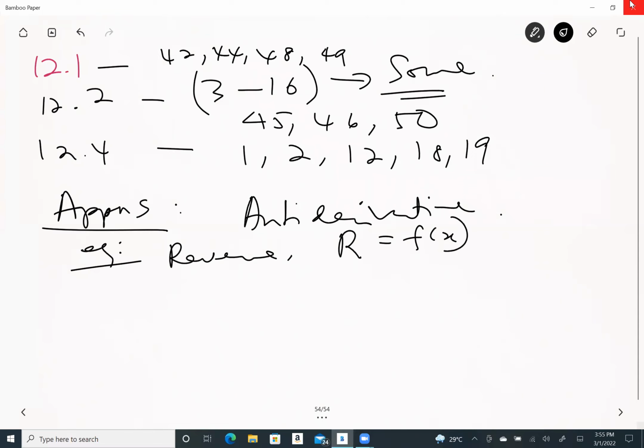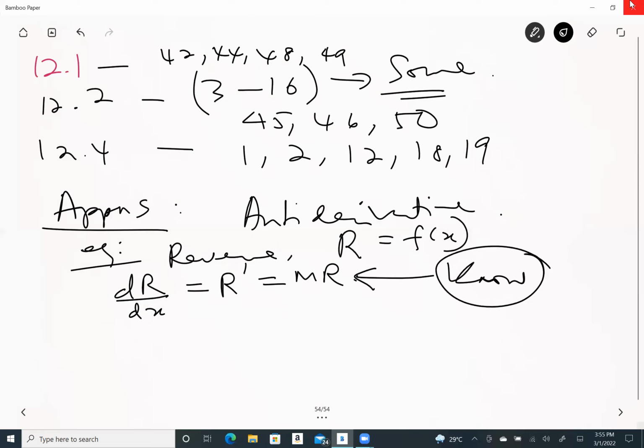The derivative of R is dR/dx or R prime, which we call marginal revenue. All right. So in this perspective, we know the marginal revenue. Okay, you know the marginal revenue. So what do you want to do? I want to find revenue.